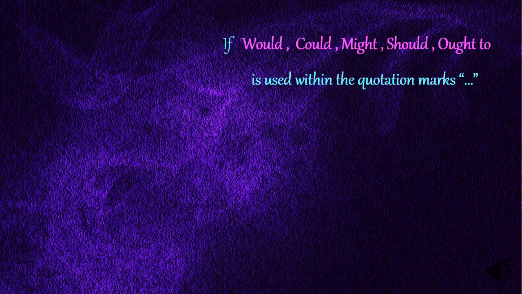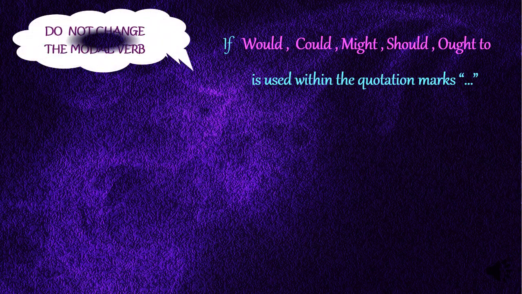Now, if would, could, might, should, or "to" is used within the quotation marks, the modal verbs, once again, do not change the modal verb. For example, I'll give you a sentence like this. He said, "I should face the challenge."